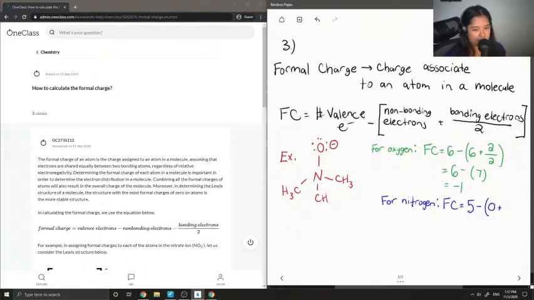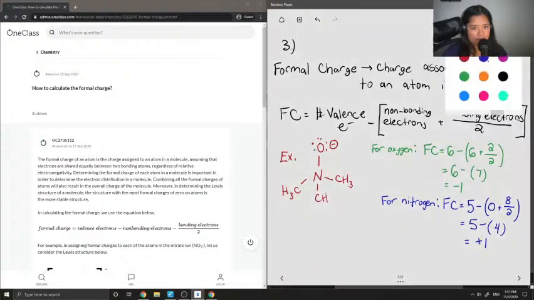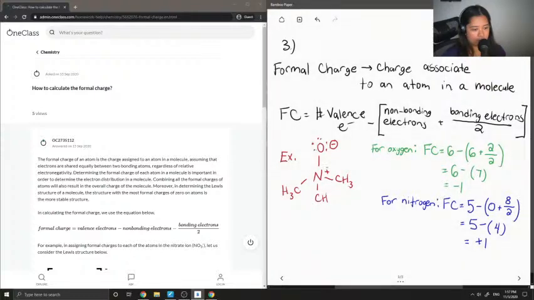You can see that there are 4 bonds attached to nitrogen, and each bond contains 2 electrons, so therefore there are 8 bonding electrons divided by 2. So this is saying the same thing as 5 minus 4, which is plus 1. So now I'm going to write a plus charge on my nitrogen atom.